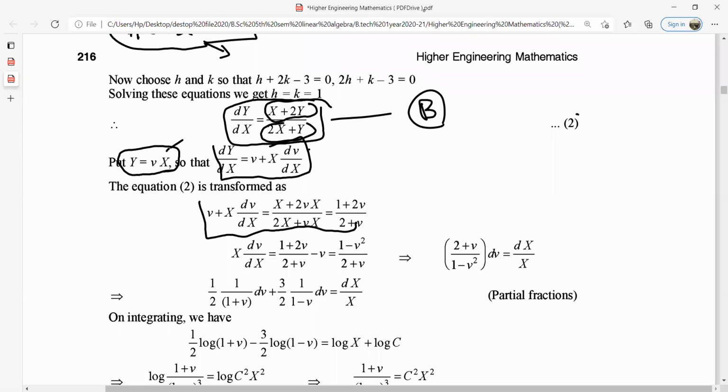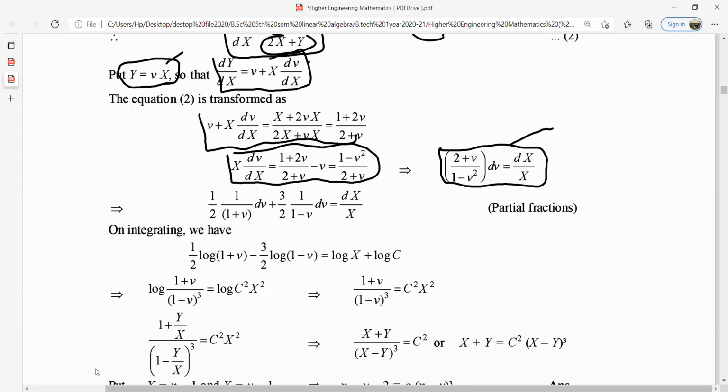After that, just simplify this expression, and we get this expression. This is, we know, a variable separable expression. In this way, we directly integrate both sides and find the value of the given integral.